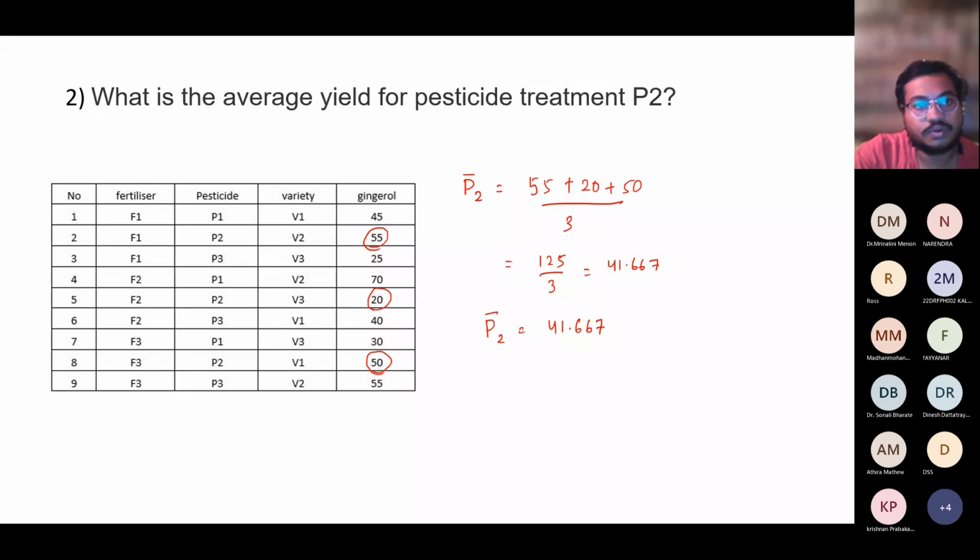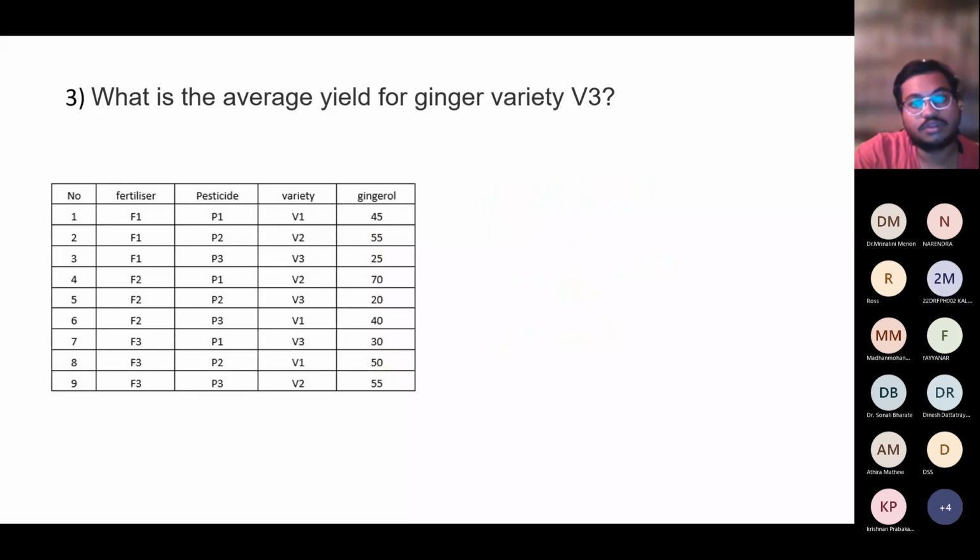Yes, clear. The third question is also very similar. We have to calculate the average yield for ginger variety 3. We'll take the 3 values and average them, and we get a value of 25 in this case. Is that clear?